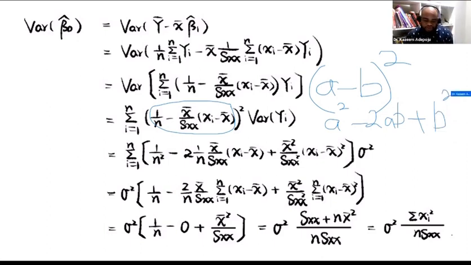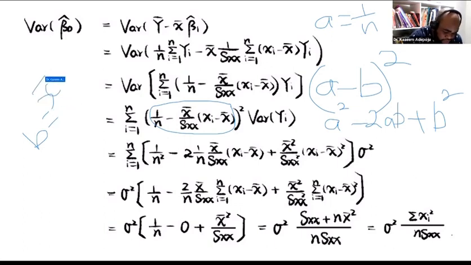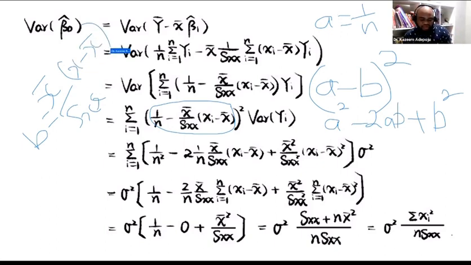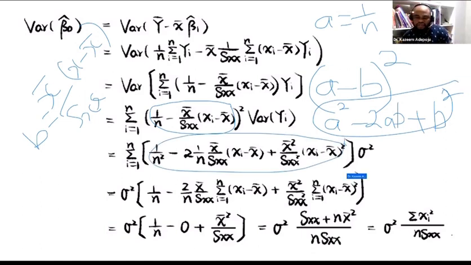So a is 1 over n, and b is x bar over Sxx times (x minus x bar). If I apply this, I'm going to find myself here. You see that? Applying mathematical knowledge, a minus b all squared is a squared minus 2ab plus b squared.